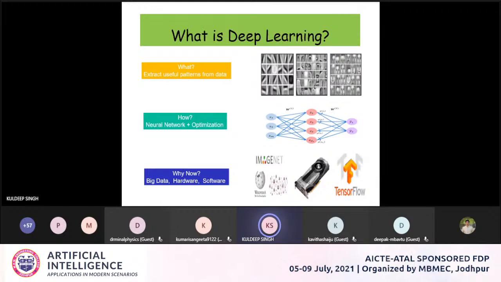Why has deep learning become popular in recent times? Now we should not say it's recent, it's close to one decade since deep learning has become popular. Somewhere in 2012, it started gaining popularity.